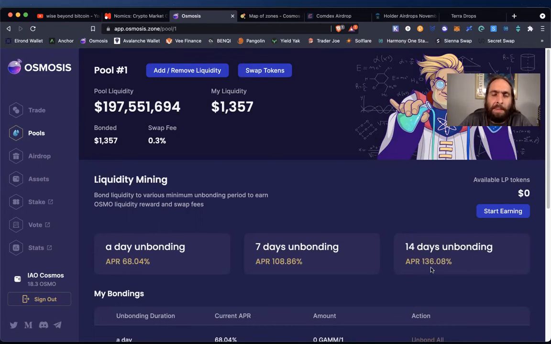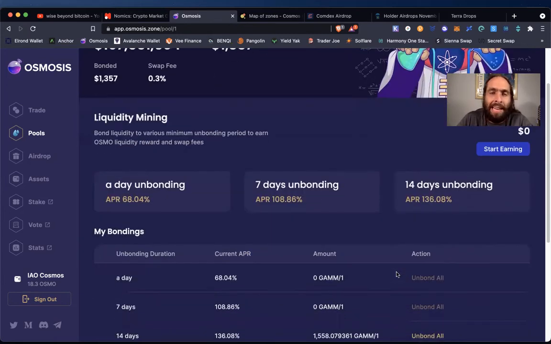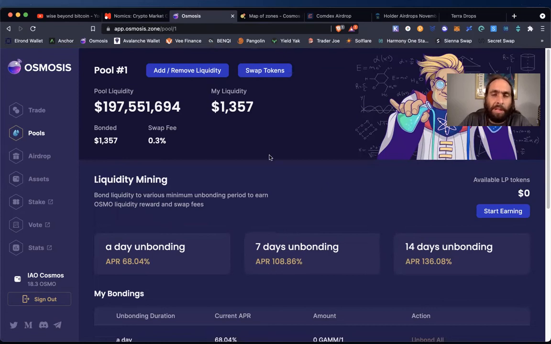So that high APR you saw was because of the long bonding. And a little life hack when it comes to this protocol, and they've done this on purpose, I believe: once you lock it for those 14 days, you do not have to unbond and rebond. You will remain at that high APR for as long as you leave it bonded.